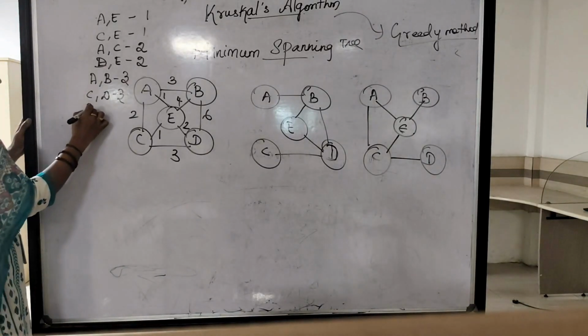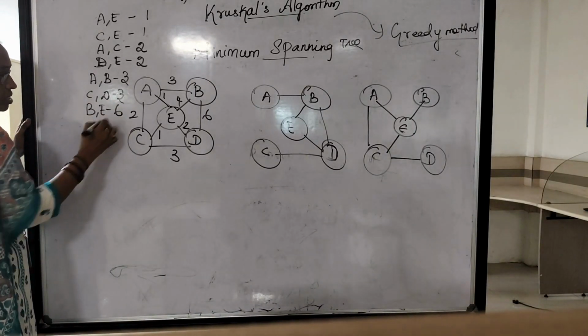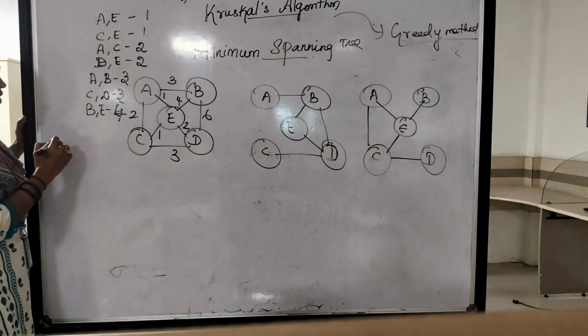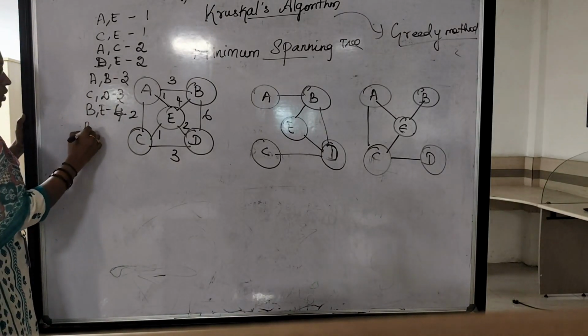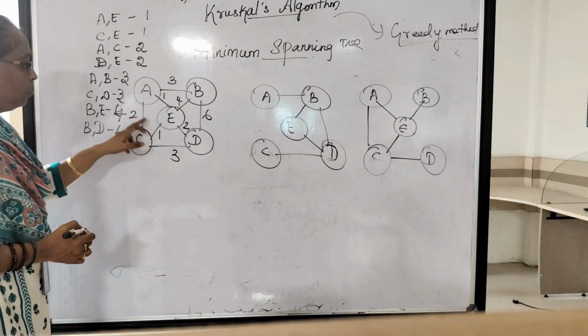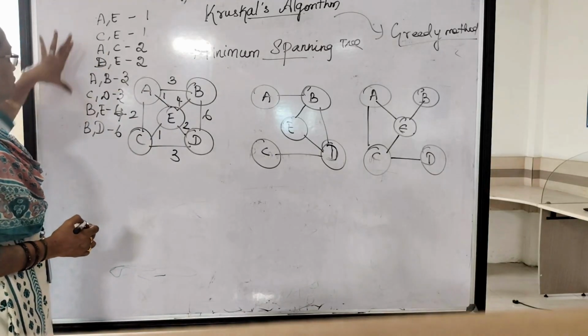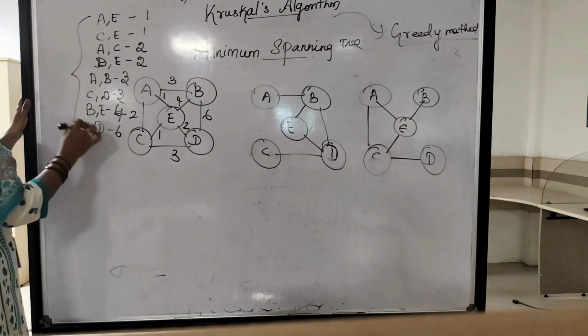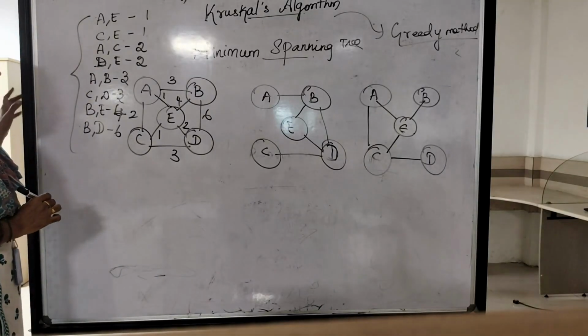Then B to E with cost 4. Then finally B to D with cost 6. So that is 1, 2, 3, 4, 5, 6, 7, 8 edges, and I sorted them in ascending order.